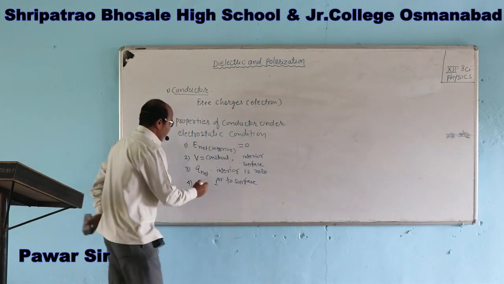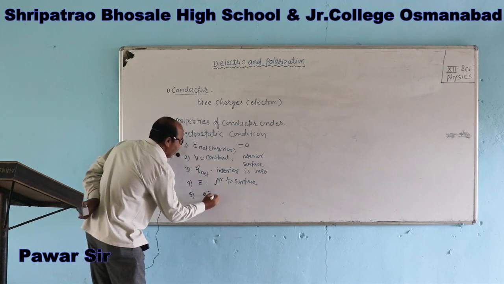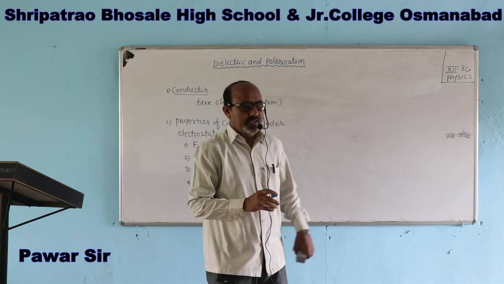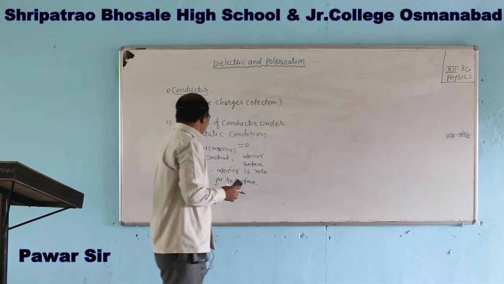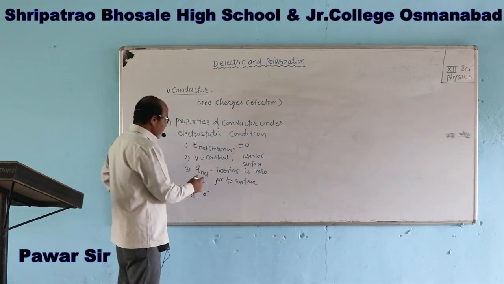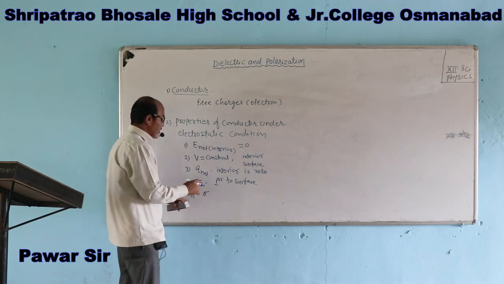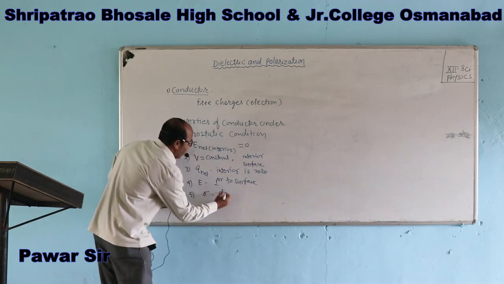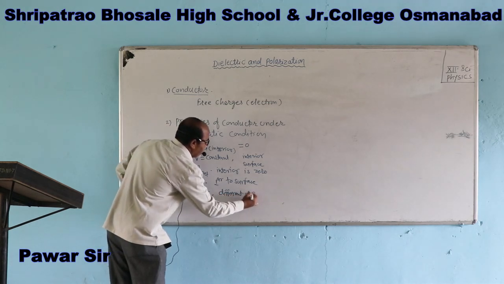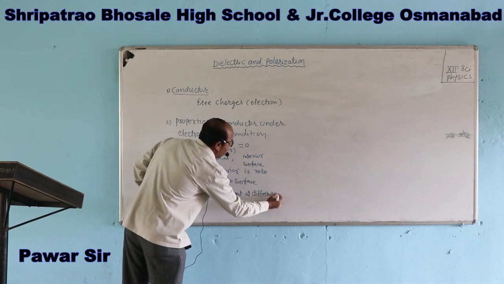Surface charge density, sigma, may be different at different points because charges are spread. Depending upon the nature of the material, it may or may not be uniform. Therefore, surface charge density is different at different points.